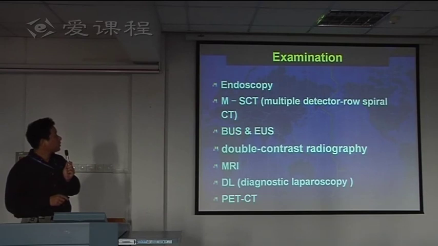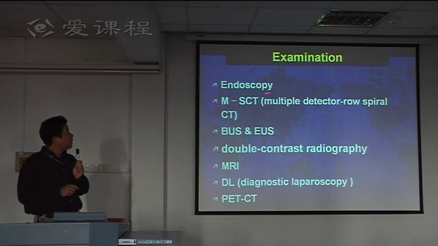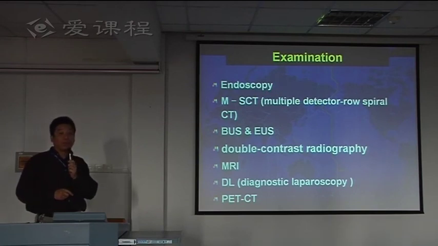Ultrasonography, or EUS, endoscopic ultrasonography, can sometimes be used. And GI series, MRI, and diagnostic laparoscopy, this is usually used in America. However, PET-CT. This is very important. Gastroscopy is very important.